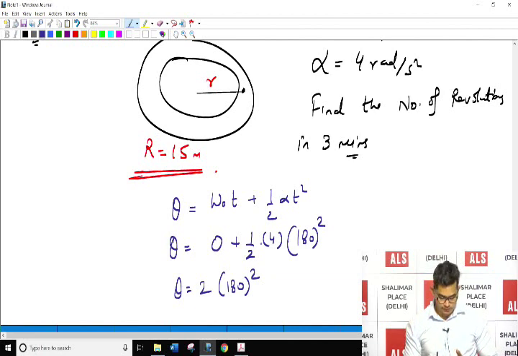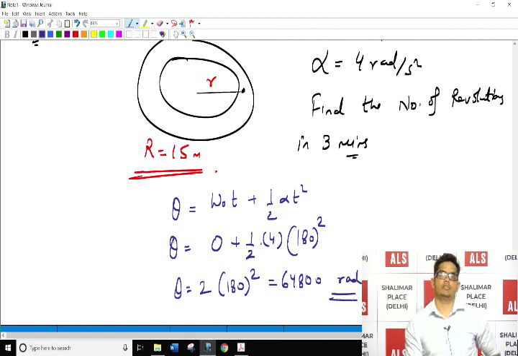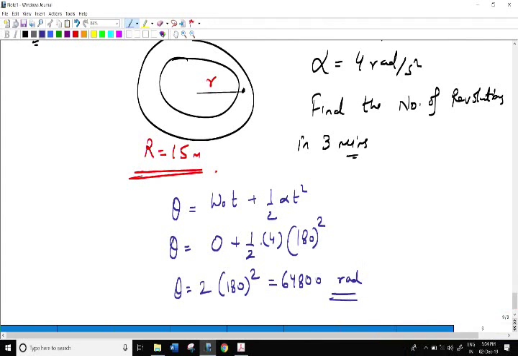Let me use the calculator: 64800 radians. That is the total angular displacement.